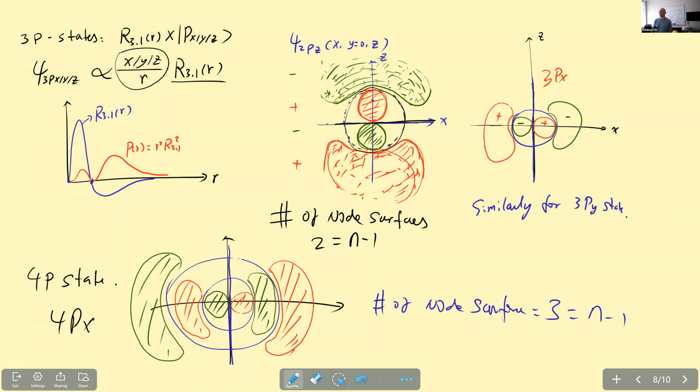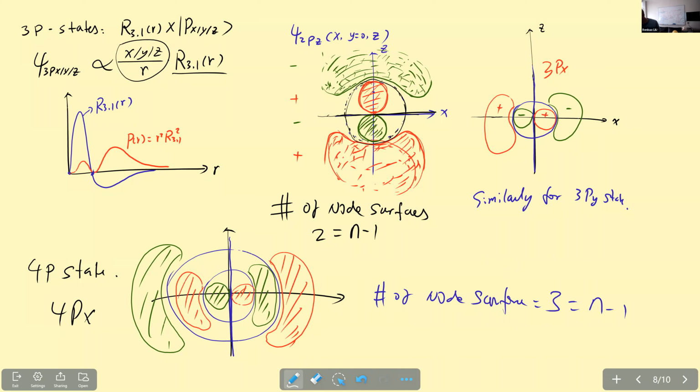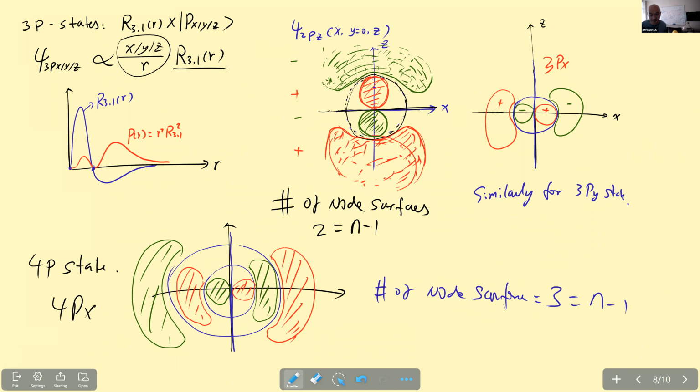So across any nodal surface, the wave function changes sign. So this is the 4p states, 4px, and easily you can plot this for the 4py and the 4pz. Pretty simple to show this.